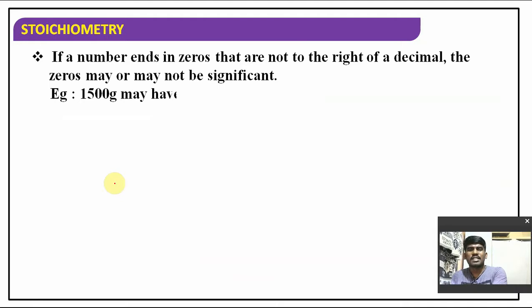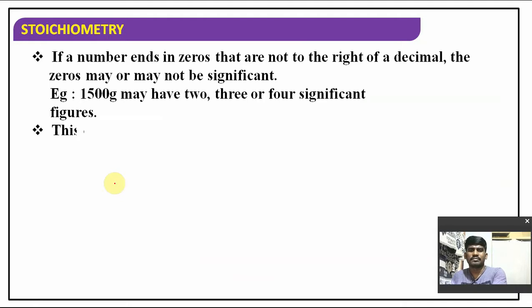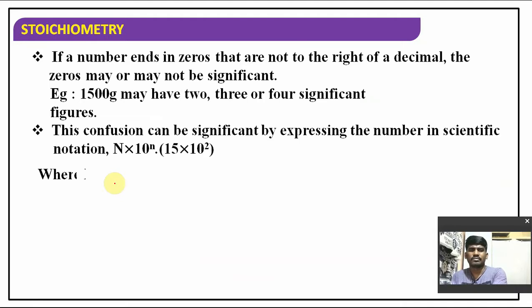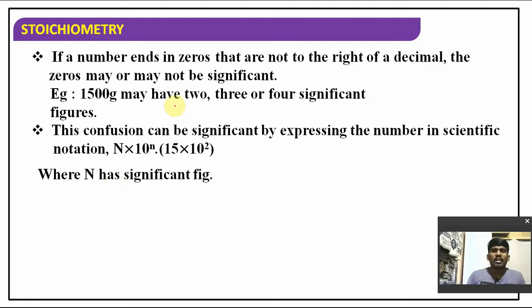Now, if you see the next rule, guys: if a number ends in zeros that are not to the right of the decimal, and there is no decimal, those zeros may or may not be significant.